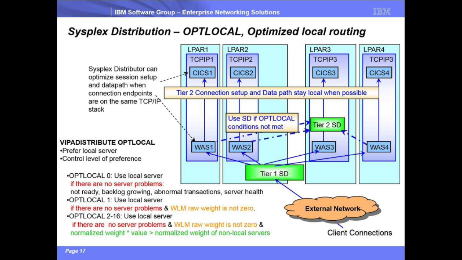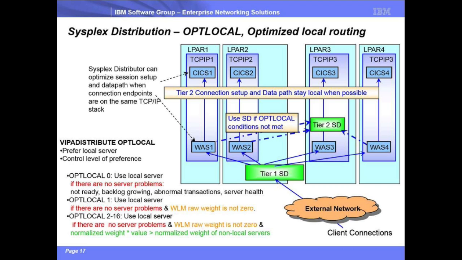So in this case, the Tier 1 Sysplex distributor would choose, say, WAS1, and if OPTLOCAL is configured, the goal would be for the Tier 2 Sysplex distributor to prefer TCP/IP1 as the target for new connections from WAS1. And OPTLOCAL basically has 3 settings.